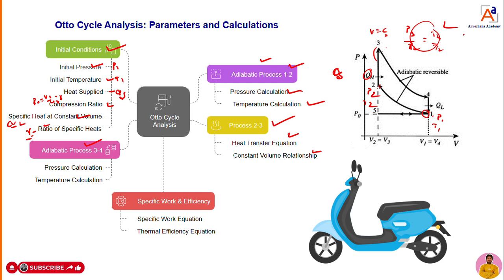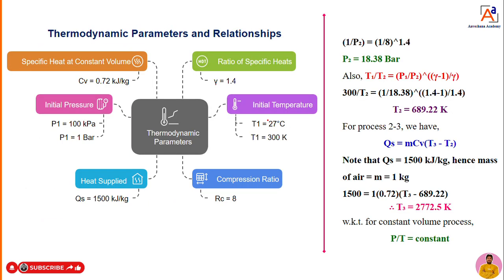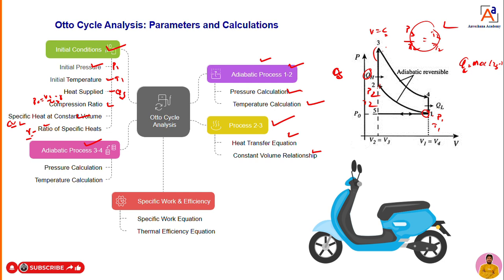With the help of that, we can calculate other things also. When we are transferring heat, that heat transfer QS is M into CV into T3 minus T2. That equation we can also use. With the help of that, we can calculate the heat transfer, and if required, other temperatures also.